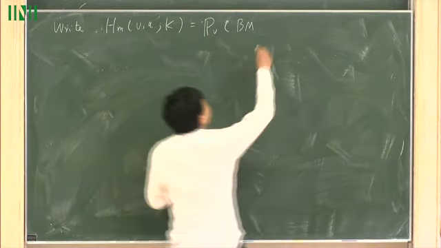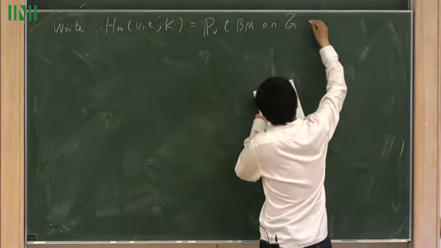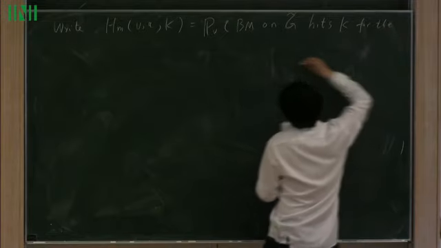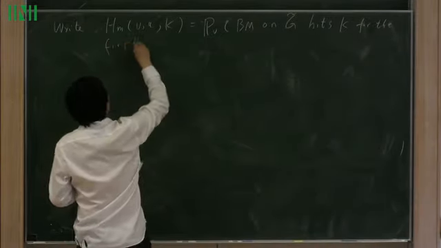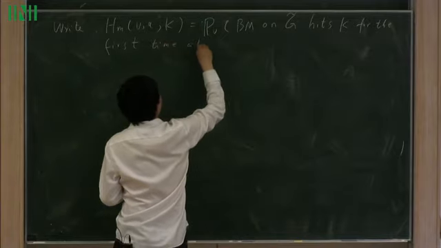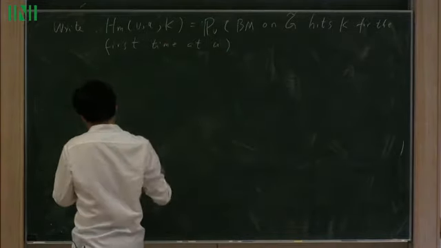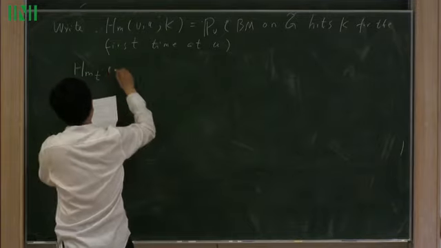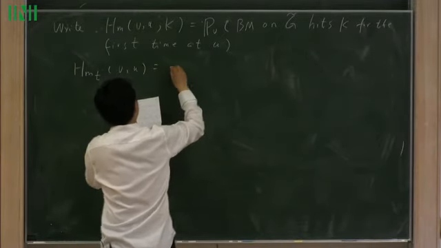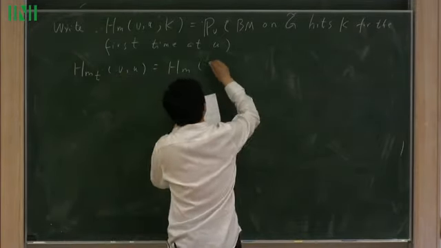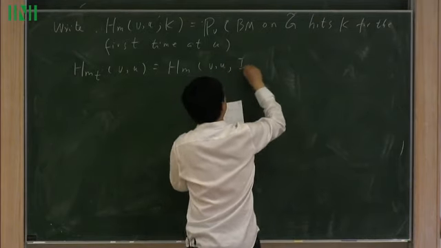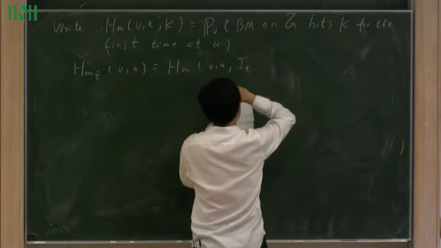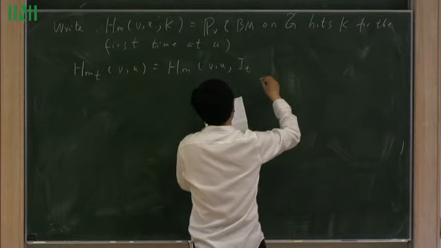The Brownian motion on G tilde hits K for the first time at U. For simplicity, let's write HM_t(V,U) to be HM(V,U) with respect to I_t.